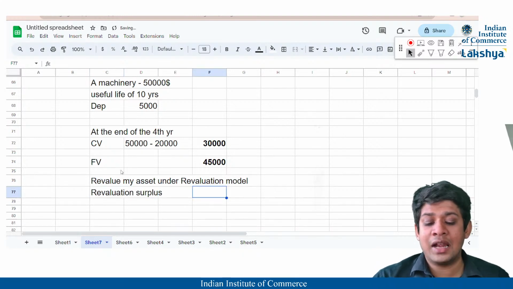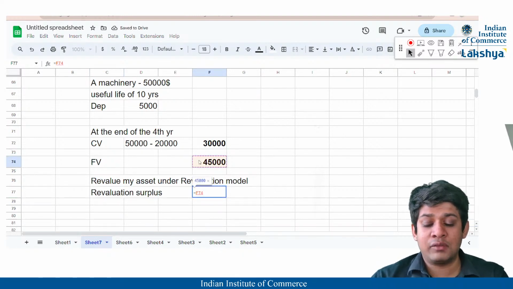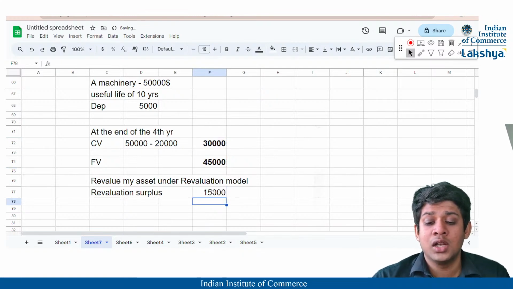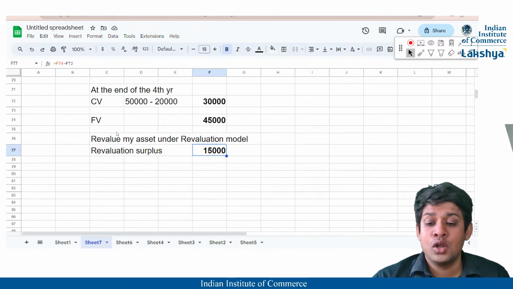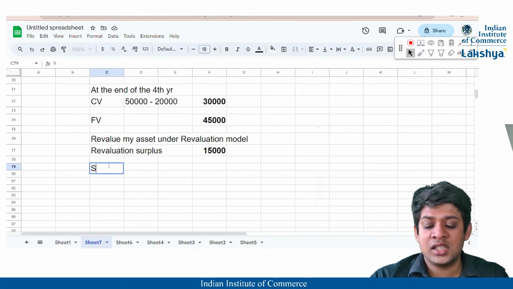Because as I'm revaluing my asset, 45,000 will be the new value after revaluing it, and before that it was 30,000. That means I'll increase my asset value by 15,000, right? So this is a gain, or you can say an income that I've generated, of 15,000. So it will be known as revaluation surplus, and it will be stated in the statement of other comprehensive income.